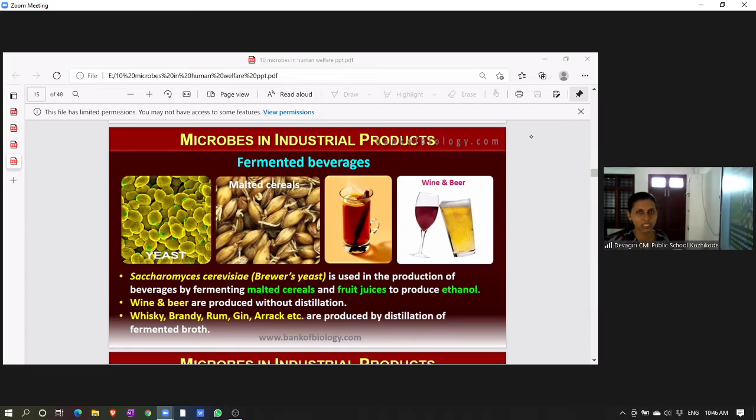One is beverages, the second one is antibiotics. For that production, we need a large vessel known as a fermenter. Why do we obtain different types of beverages? It depends on the raw material we use and also the process, by distillation or without distillation.